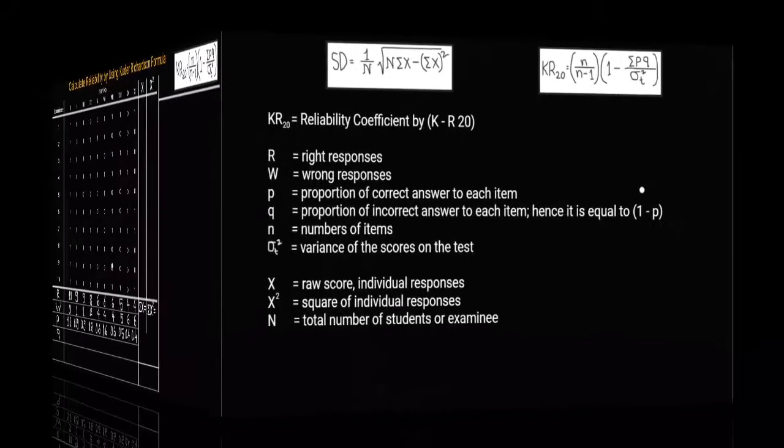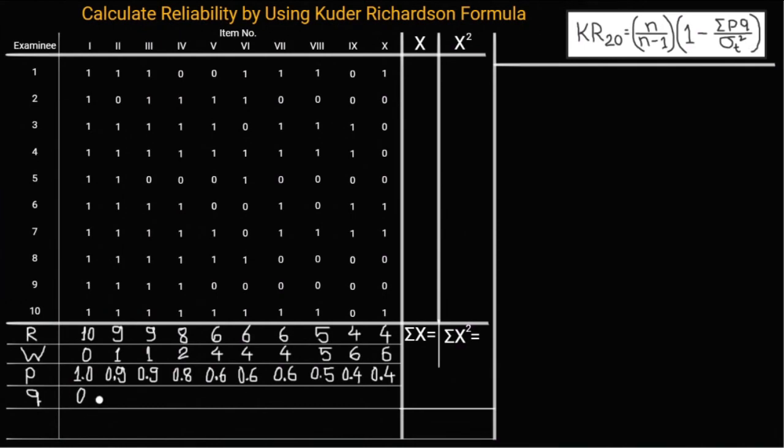It is equal to 1 minus P. Okay, so first 0, then 0.1, next 0.1, next 0.2, next 0.4, next 0.4, next 0.4, then 0.5, then 0.6, and last 0.6.